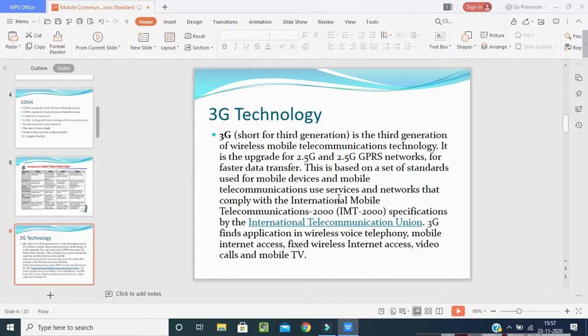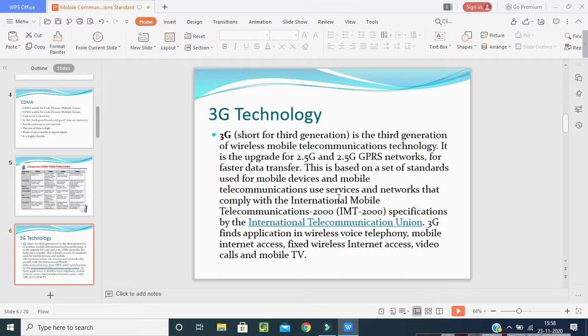For 4G also it is wireless, but the speed is very high, and it comes in the fourth generation. 3G is an upgrade of 2.5G and 2.5G GPRS networks for faster data transfer.